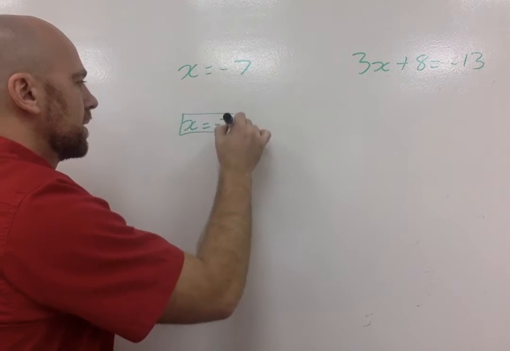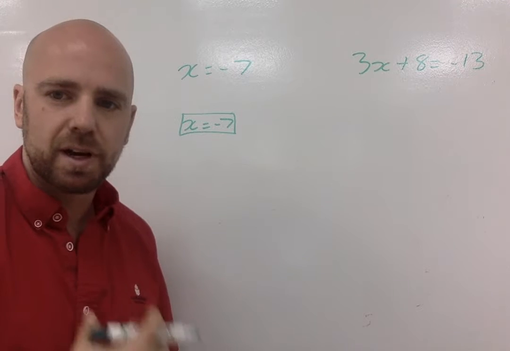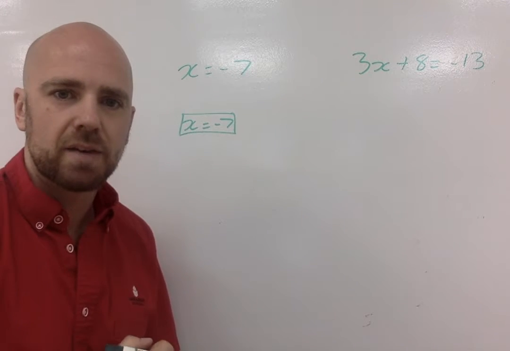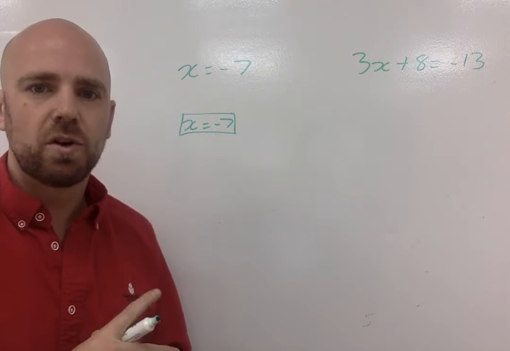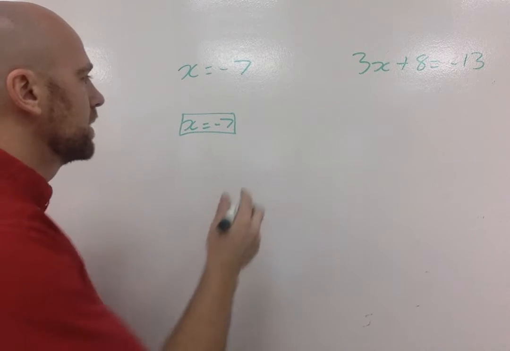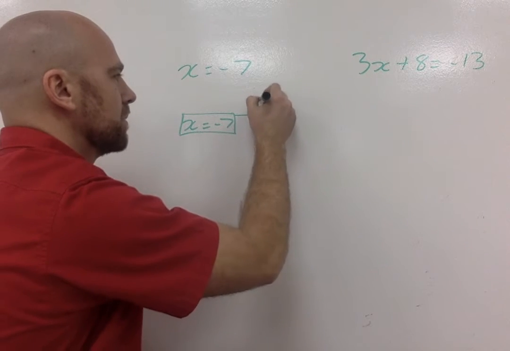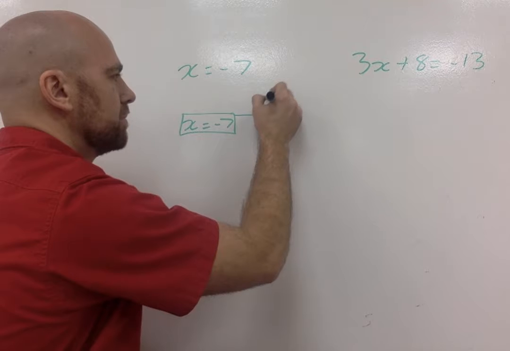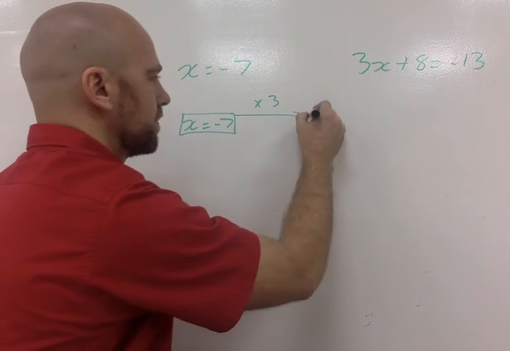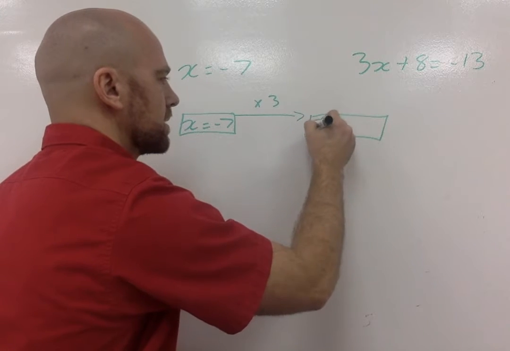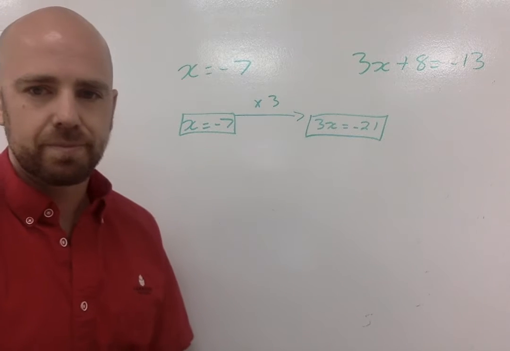Normally our first step when we're talking about BEDMAS would be brackets, exponents, multiplication, division. So we're going to go to that one first. So we're going to do that multiplication. We have 3x, so here we have to multiply by 3. So what are we going to get? We're going to get 3x equals negative 21.